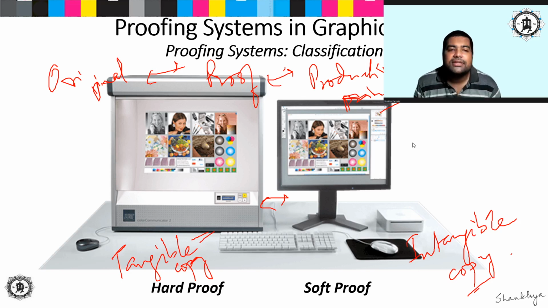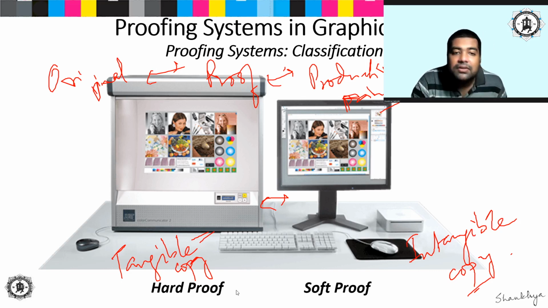For example, you are going for production, and just before running the machine at full speed, you take out some prints at the initial stage of your print production, just to get some copies as proofs. Those are known as indirect, because for offset printing you need films or plates, right? But for digital machines, you do not need such intermediate image carriers. So these are known as direct and indirect proofs, basically.